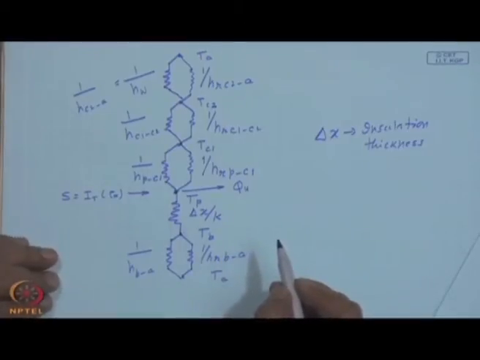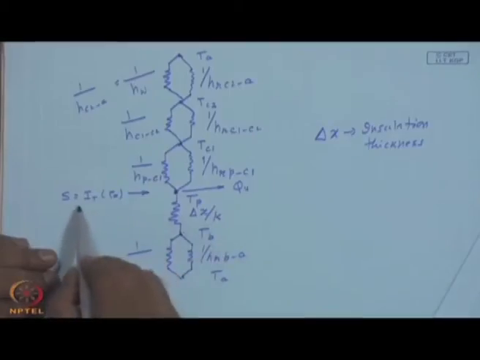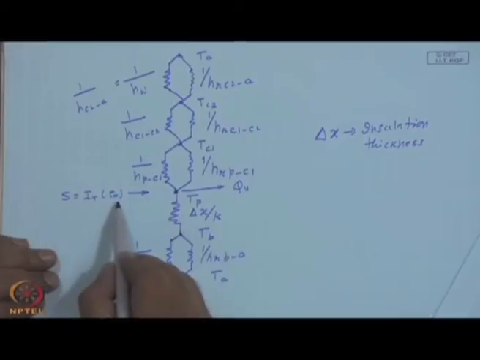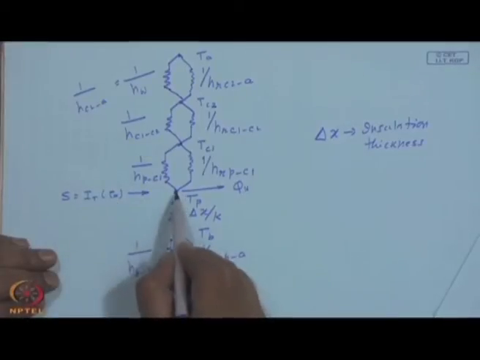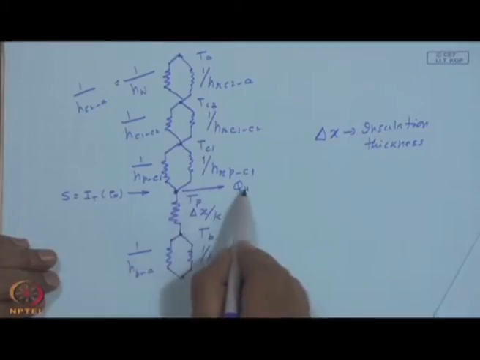Now, because this is an important thing to understand, let me recapitulate. An absorbed energy of S equal to I t tau alpha is absorbed by the plate at temperature T p, giving out the useful energy gain Q u.